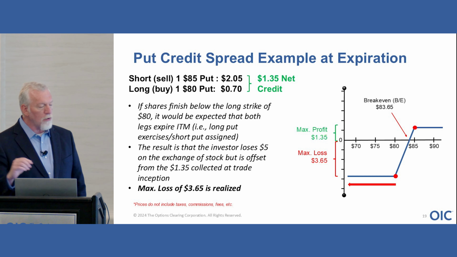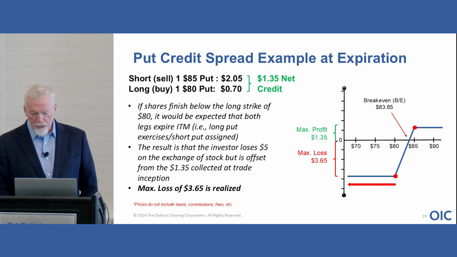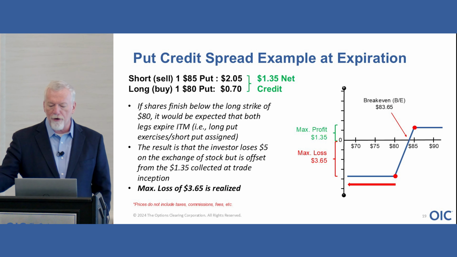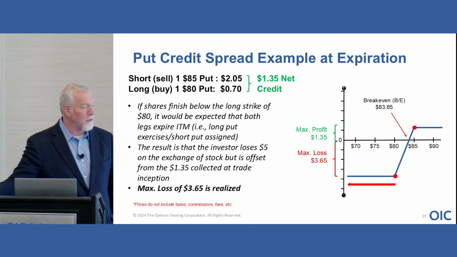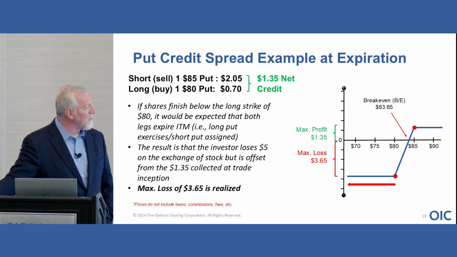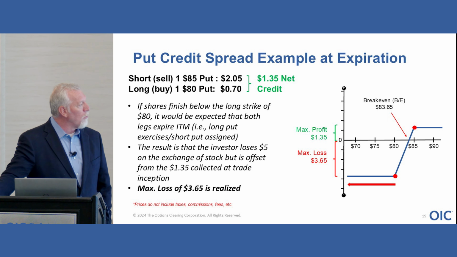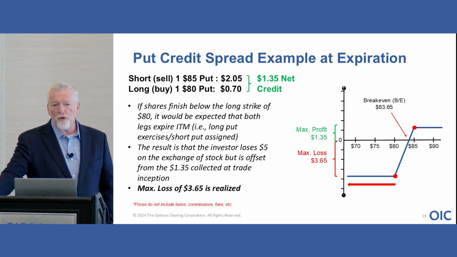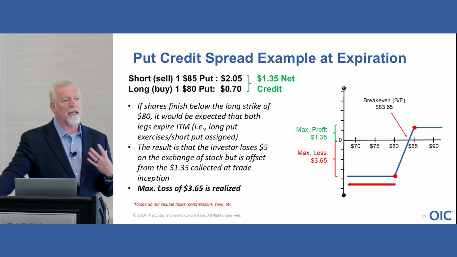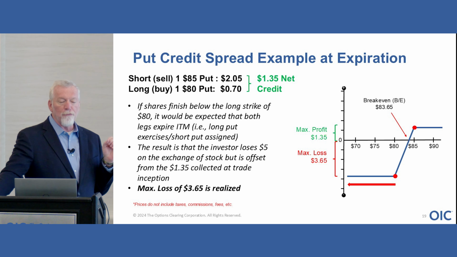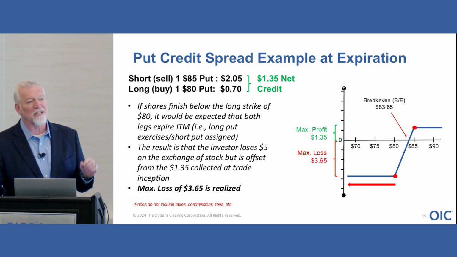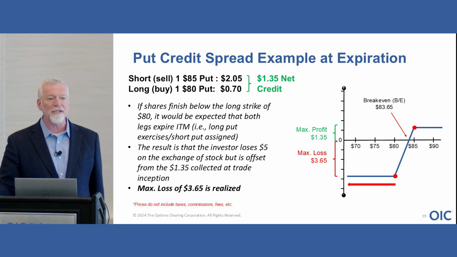If we go below our break-even point and stock finishes below our strike of 80, for example, let's say stock finishes at 70, what's going to happen? Well, the 85 put that I'm short, I'm going to get shares put to me at $85. So I'm going to be buying stock at 85. I'm also long the 80 strike put, which gives me the right to sell those shares at 80.